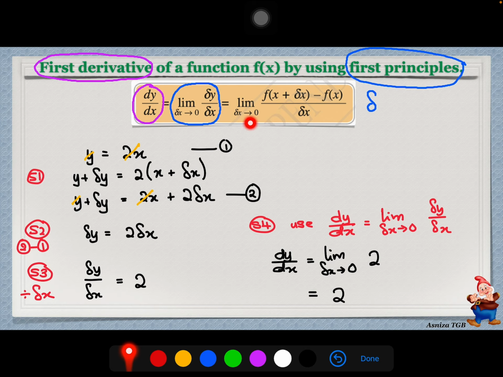Then we strictly use the limit as delta x approaches 0 of f(x plus delta x) minus f(x) over delta x. It means we need to find the value of f(x plus delta x), so you have to substitute the object as x plus delta x, and then minus the original image, f(x).